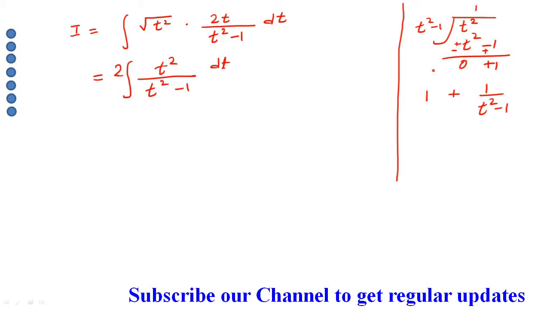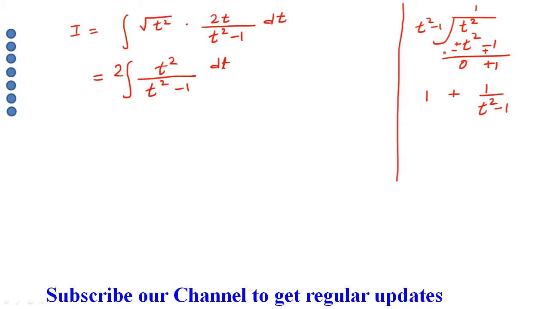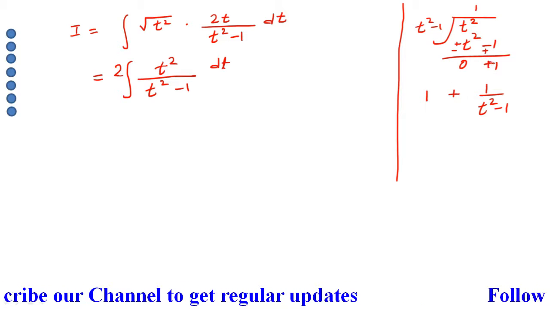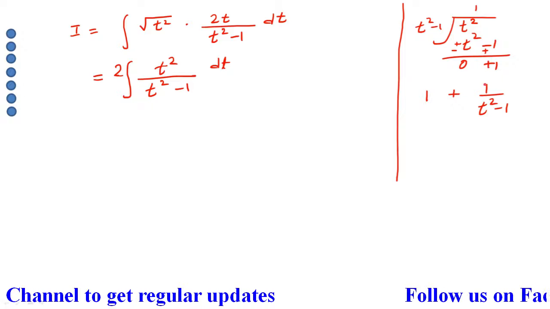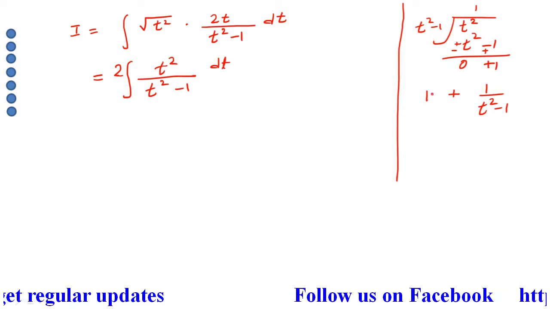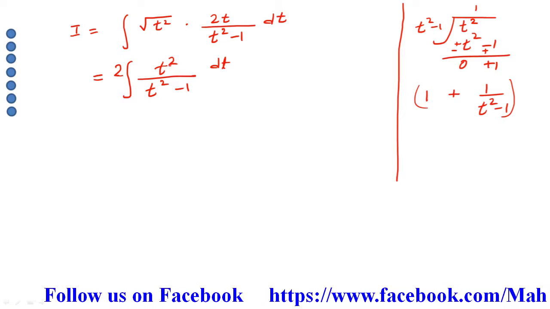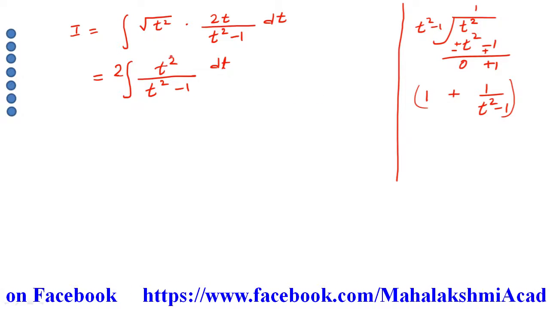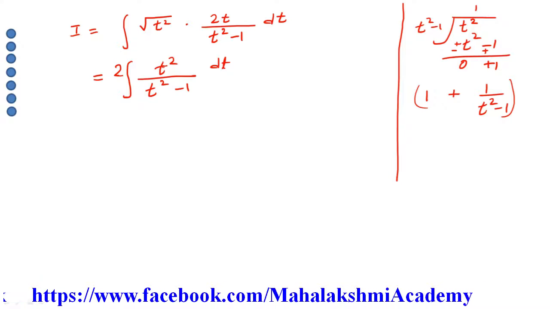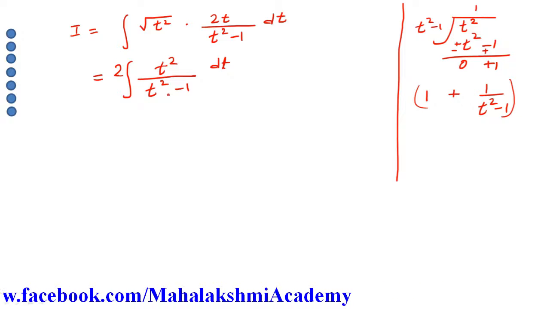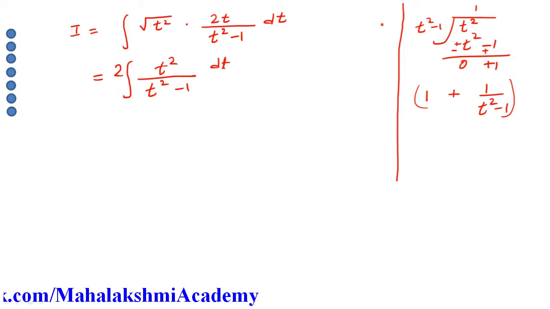So this 1 we have to write down here, and then this remainder here, and then divisor here. So like this. Whenever you get a polynomial in numerator and denominator of same power, the numerator polynomial you have to divide by the denominator, and after dividing it you have to adjust like this.